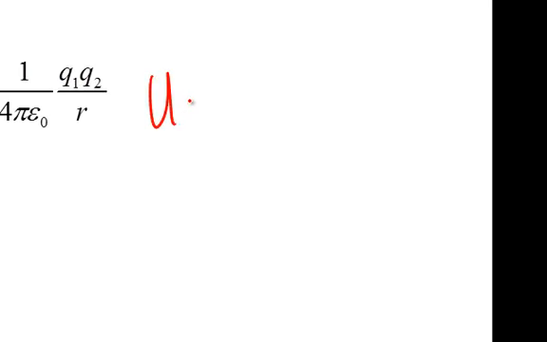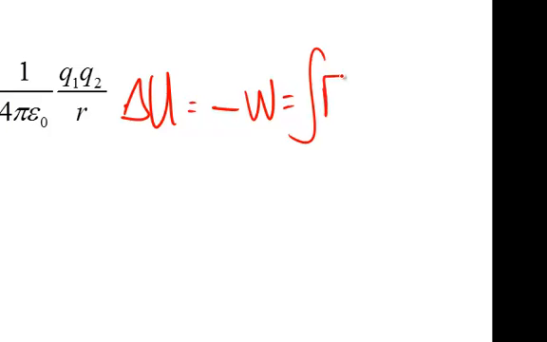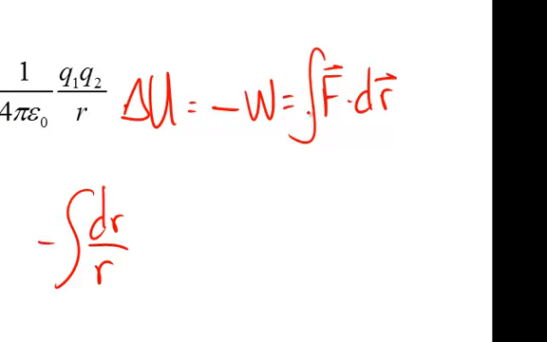The electrostatic force had that 1 over r squared dependence, and so what really happened here is that delta U was equal to negative W, which is the integral of F dot dr. And when we go ahead and do that, we end up integrating dr over r squared. Oops, I forgot my minus sign. And that just ends up being a positive 1 over r. So that's where that r dependence is coming from.